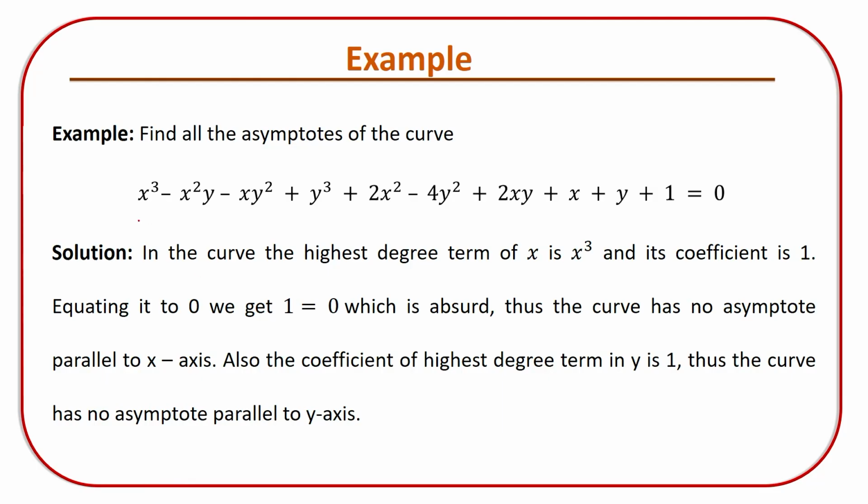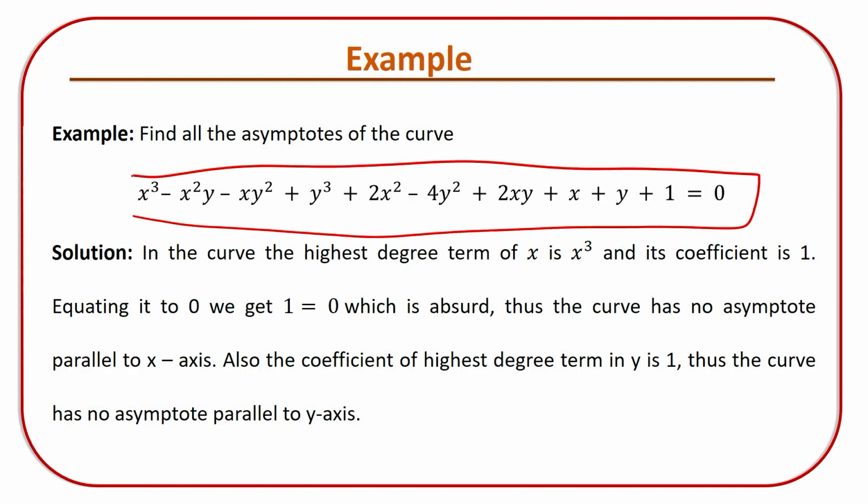So, in this manner you can have the one concept, that is, let y equal to mx plus c be our oblique asymptote, and what will be the value of c? You have to obtain that one. So, let me give you one example first. Here look at this curve: x cube minus x square y minus xy square plus y cube plus 2x square minus 4y square plus 2xy plus x plus y plus 1 equal to 0.